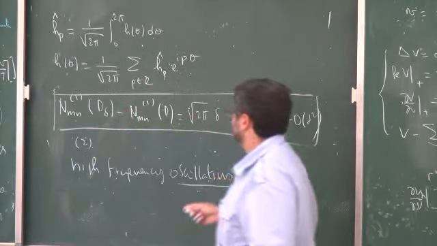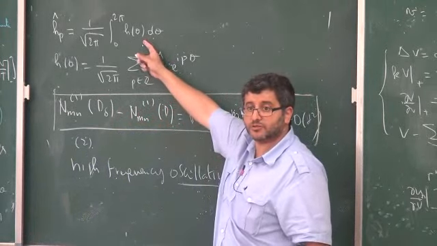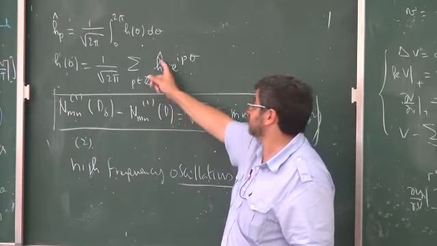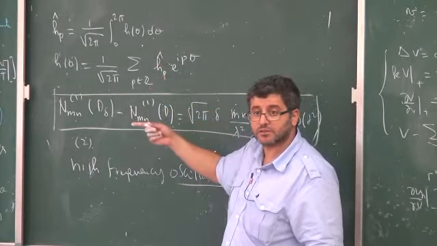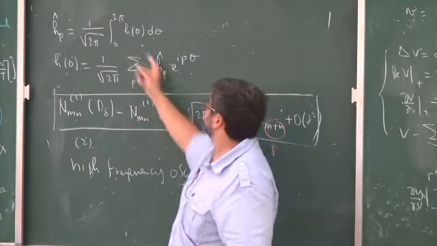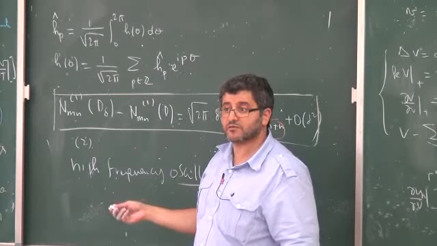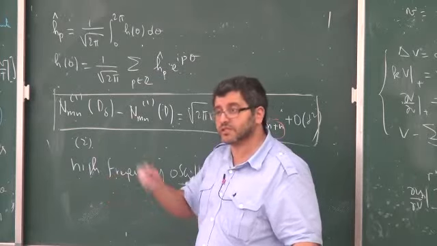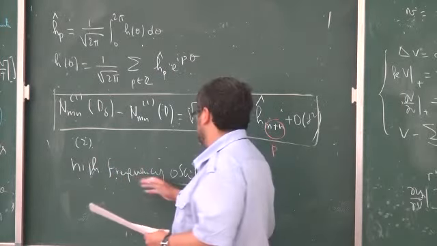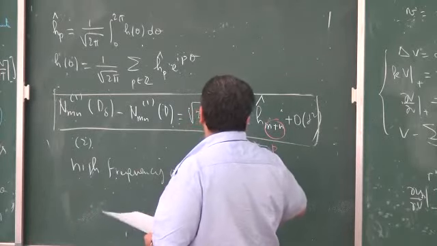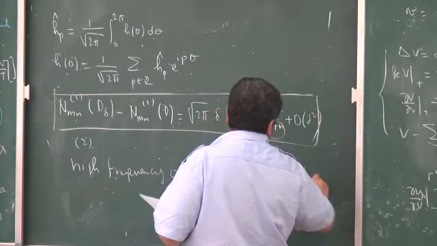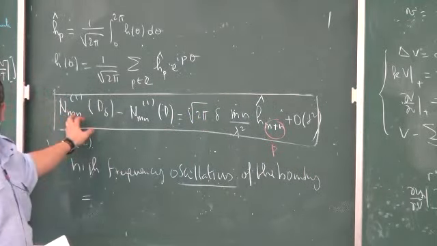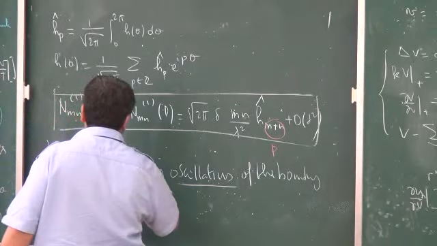If you want to make H oscillate fast, you need non-zero HP hat for P large. If H has only the 0 component, it doesn't oscillate. If it has 4 components, it still oscillates, but not too much. If it has 10 non-zero components, then there are oscillations. So high frequency oscillation of the boundary is contained in high order contracted polarization tensors.